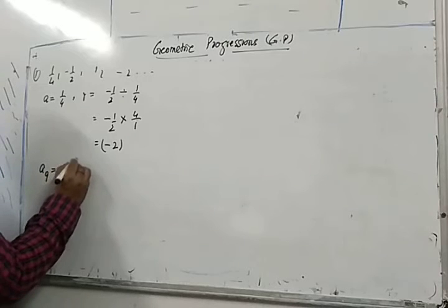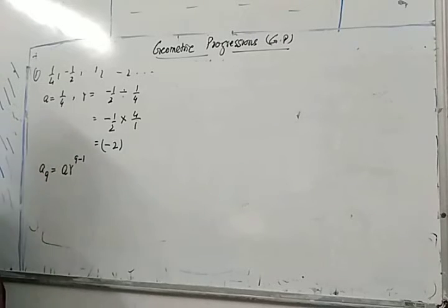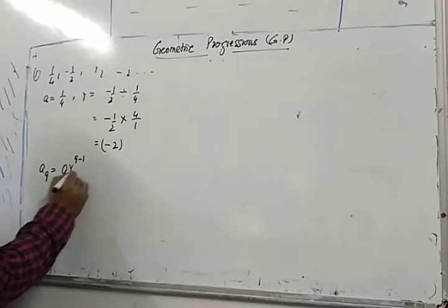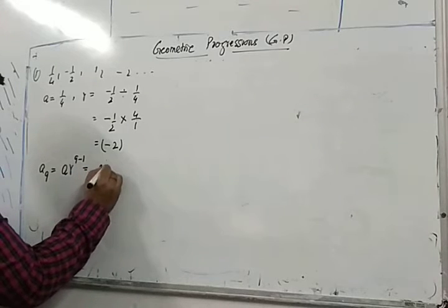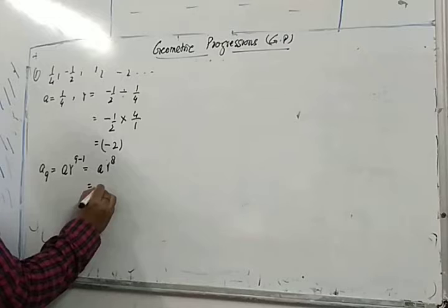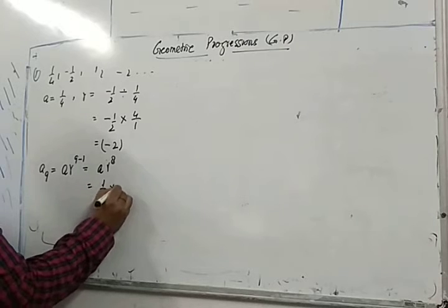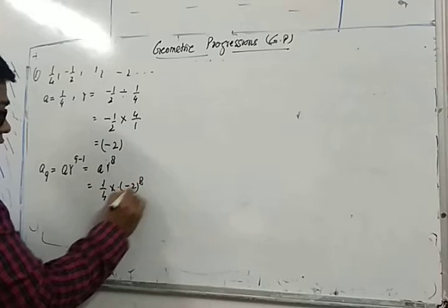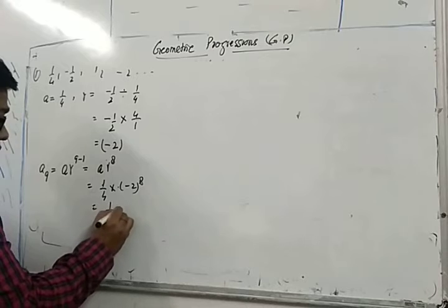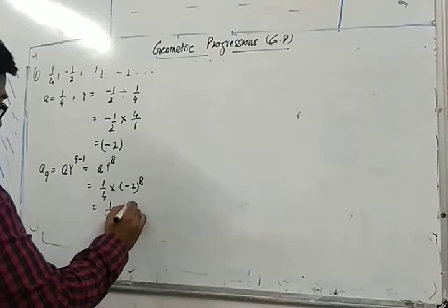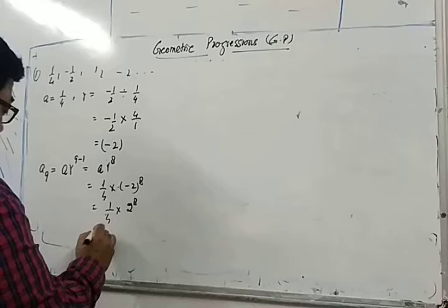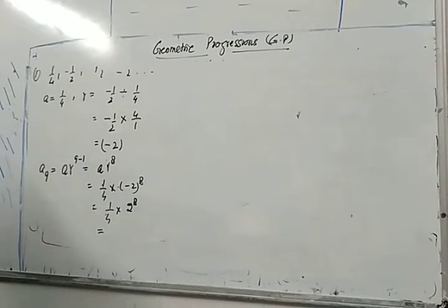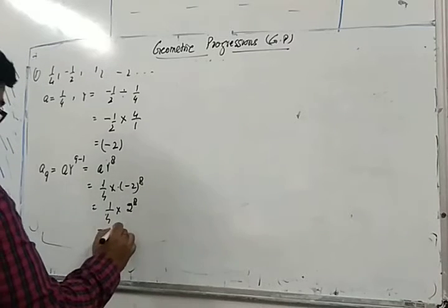A9 means A R to the power 9 minus 1, which is A R to the power 8. Now A is 1 upon 4 and R is minus 2 to the power 8. So 1 upon 4 and 2 to the power 8, it is positive 2 to the power 8. And finally, it will be 64.